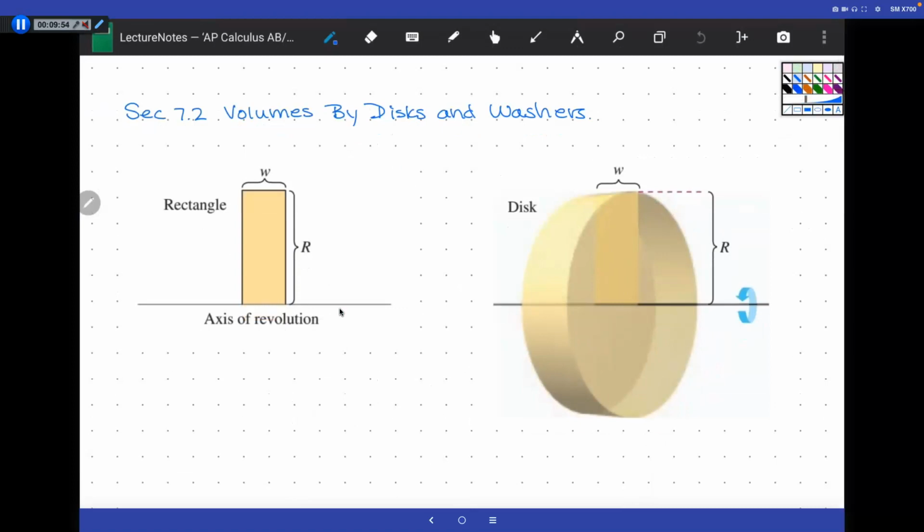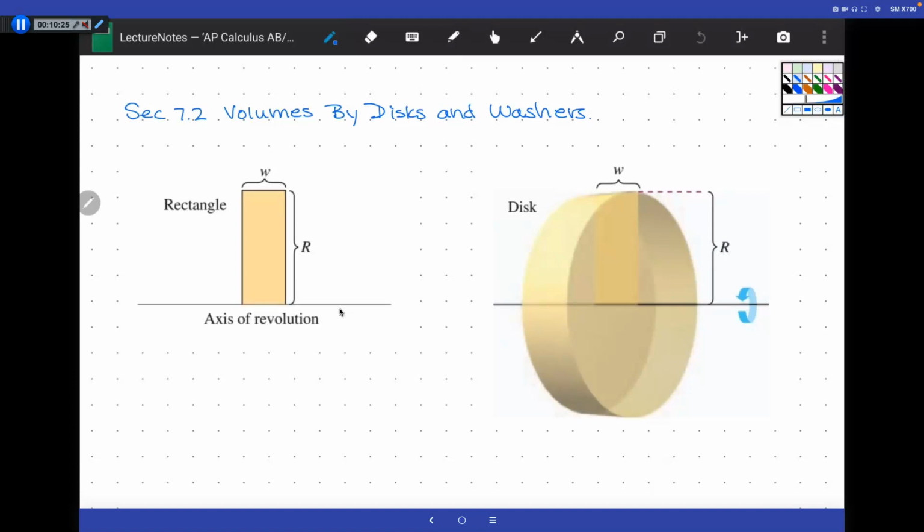So here's what's going to happen. I'm going to do my best to describe it, then we're going to watch a quick little video that shows it, and then we're going to draw our own pictures so you can see it. Remember taking the area and cutting it up into rectangles. Imagine that this rectangle is one of those rectangles from the area. If this line is our axis of revolution, imagine I could spin this rectangle.